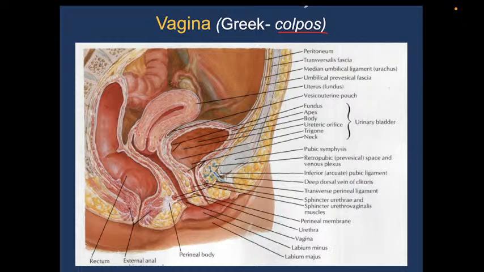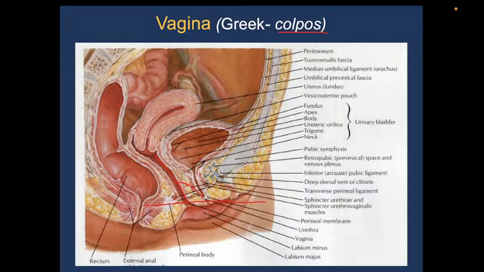The vagina looks like a tube. This is a tube here, and it is about 8 or 10 centimeters long, and usually there is an angle between the vagina and the horizontal position.